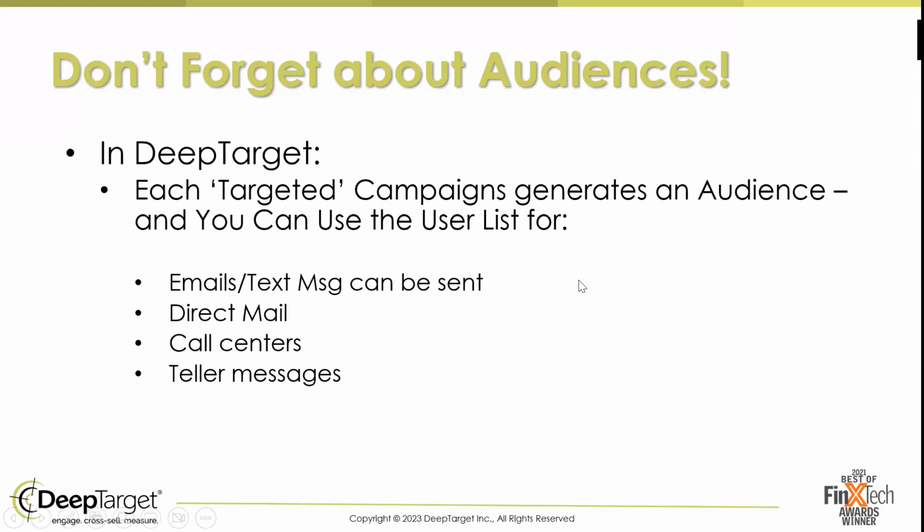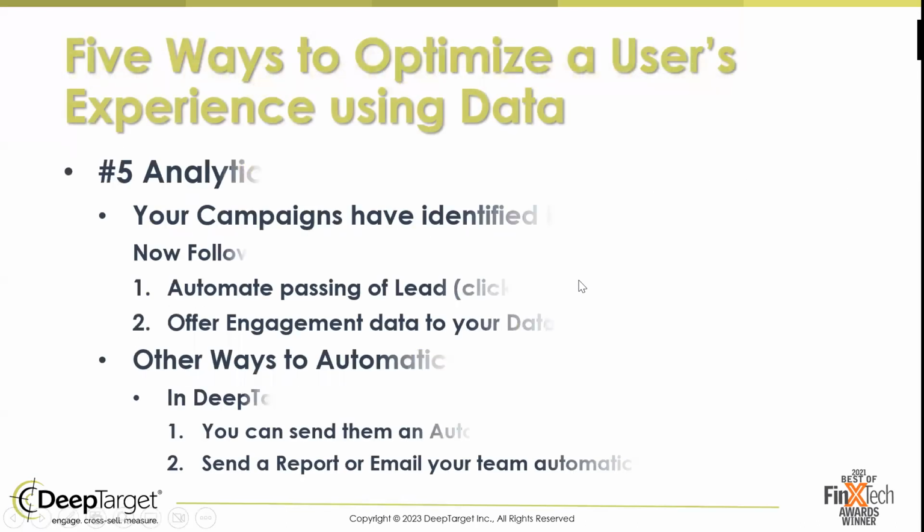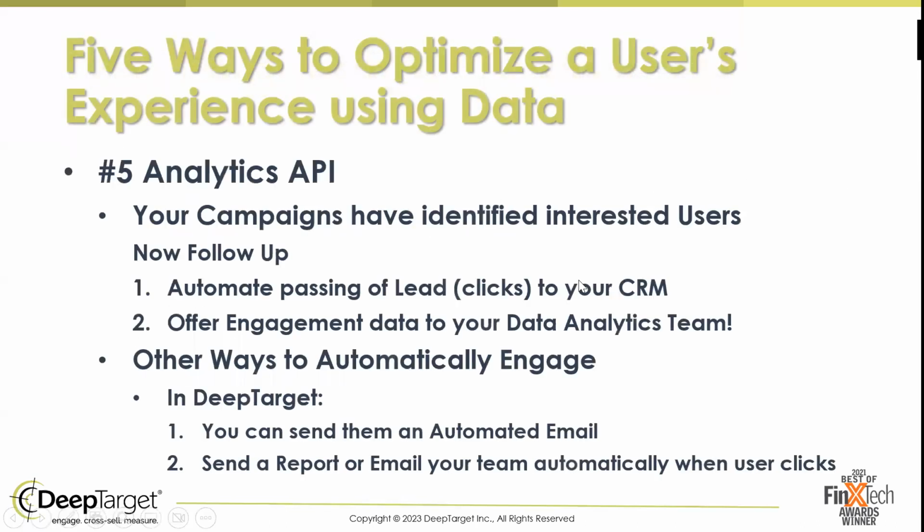Okay, great. So the last one is our Analytics API. And our Analytics API, once again, allows you to use other BI tools to reach directly into Deep Target and pull out impressions and clicks, and if you want some other data that may have passed through to Deep Target.